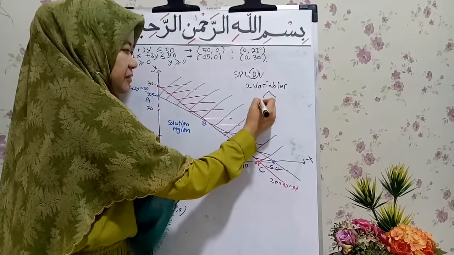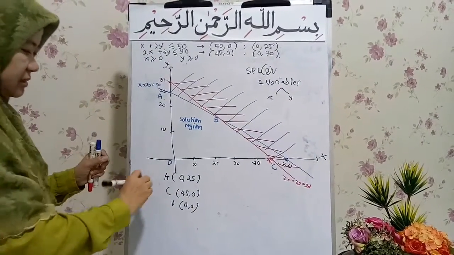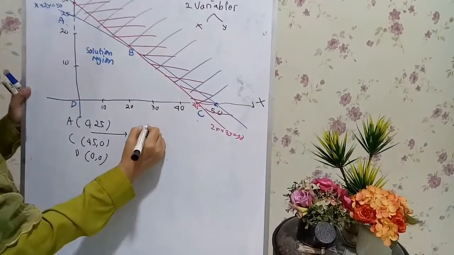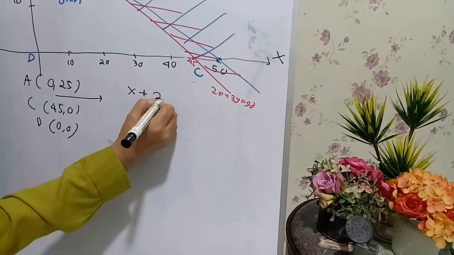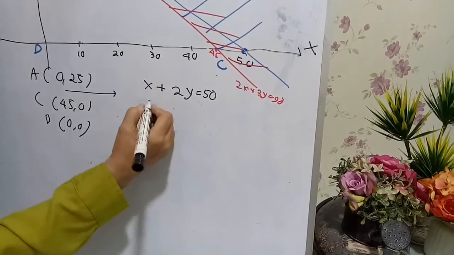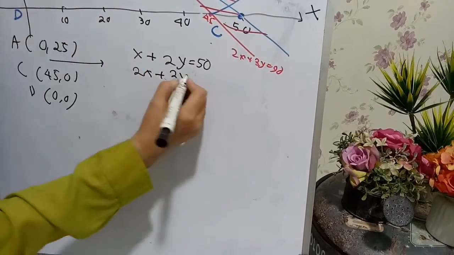Here we have variable x and variable y. Now let's find the point B. x plus 2y equal to 50, 2x plus 3y equal to 90.